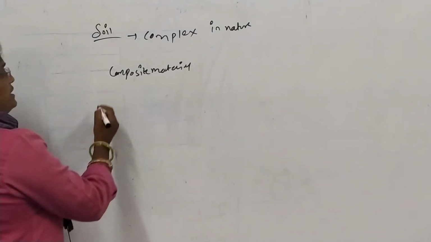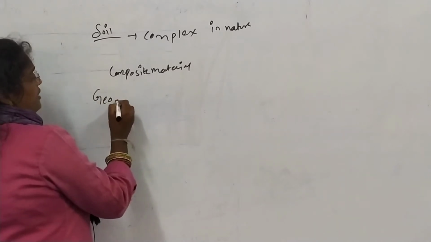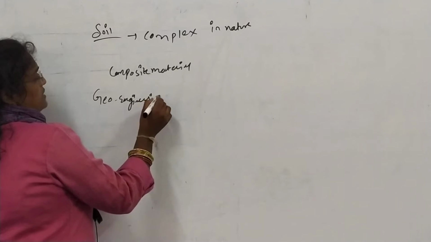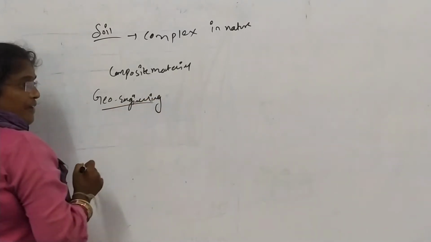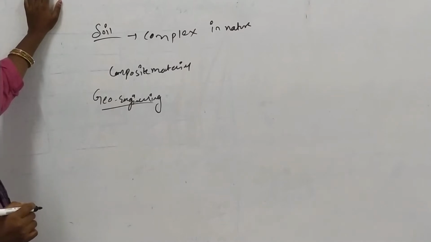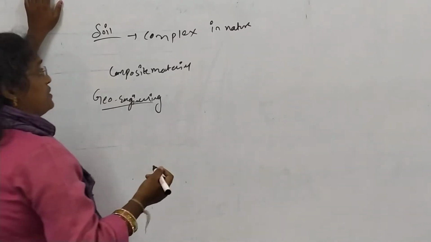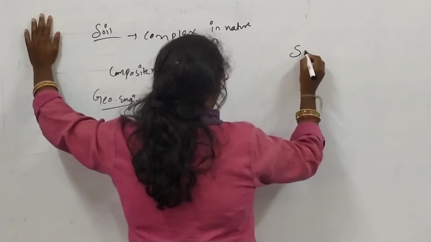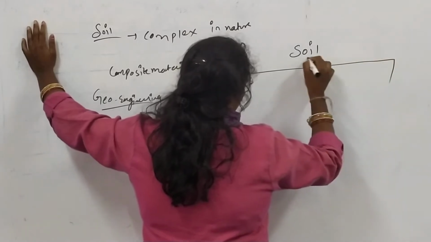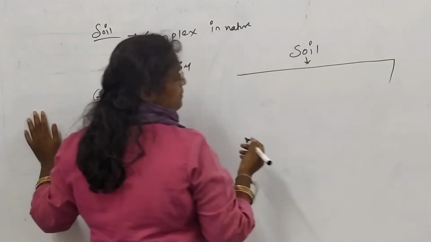So for finding this, geoengineers have already devised how the soil is classified. Soil is classified into 3 types. You people may be having the doubt: how, madam, can soil look so simple?